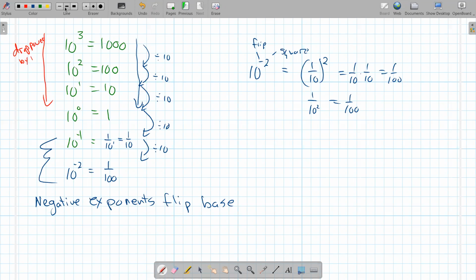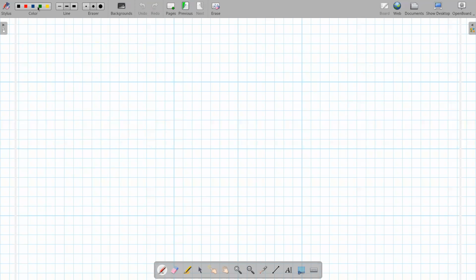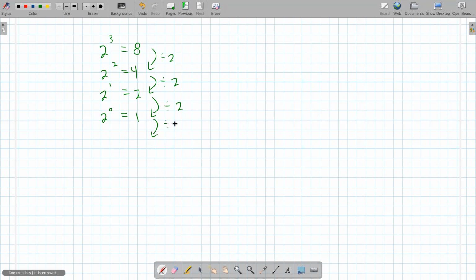Same thing would work for any base. So consider a base of 2. 2 to the third is 8. 2 to the second is 4. 2 to the first is 2. 2 to the 0, well, anything to the 0 is 1. We learned about that last week. The pattern on this side to drop down is basically divide by 2 each time. So if from the 1 I were to divide by 2 again, I'm going to get a 1/2.